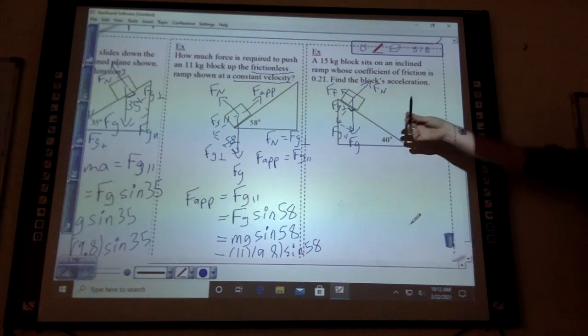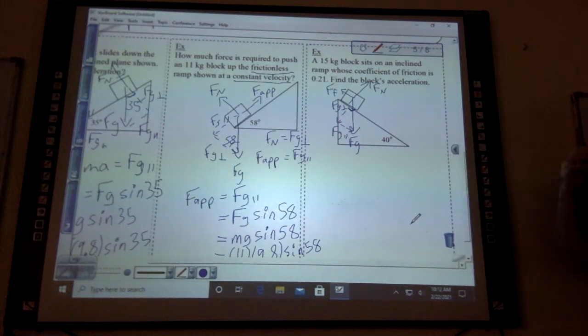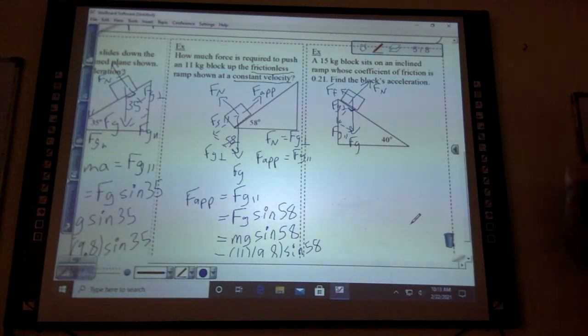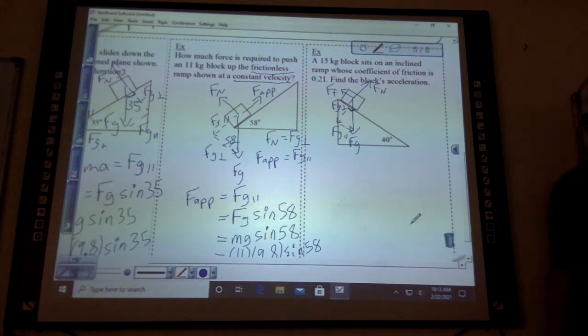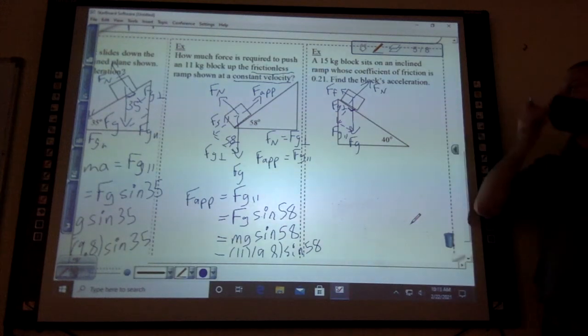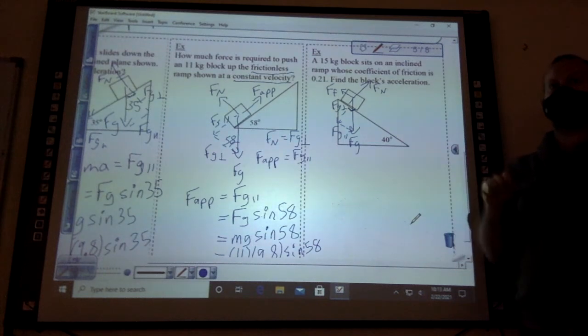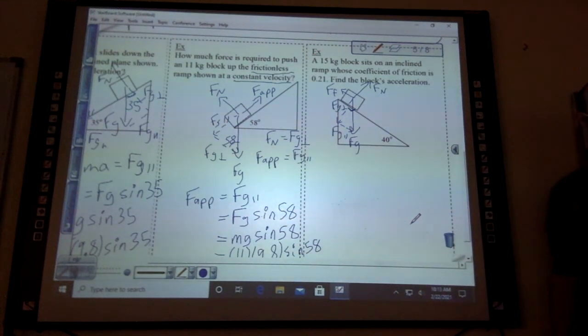Because your object is going to accelerate down the incline. There's no force pushing it up, so intuitively the box has to go down. If it was going upwards like this one, the force of friction would go up. If this block was pushed up, the force of friction would point the opposite way.